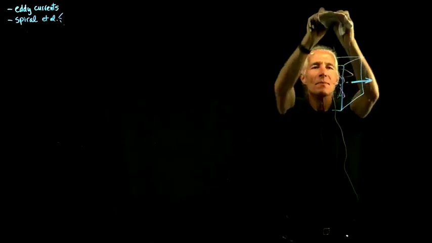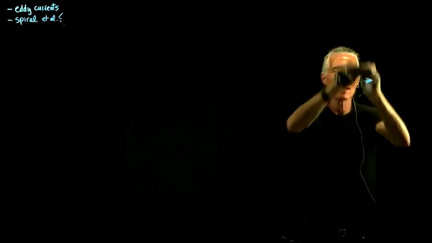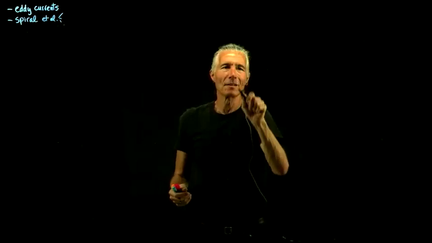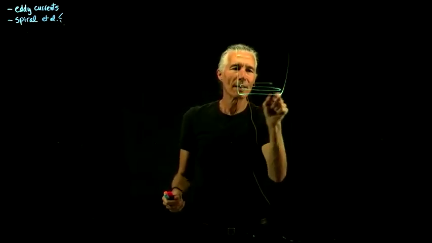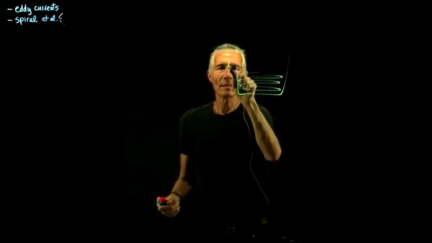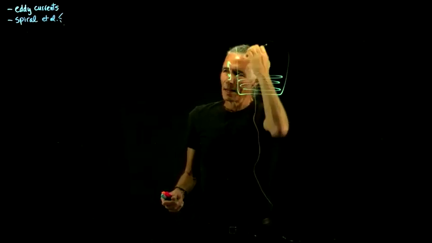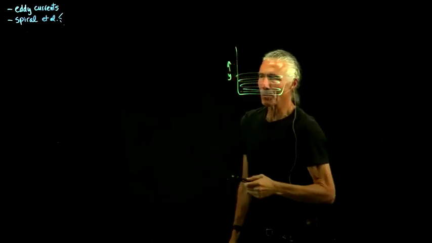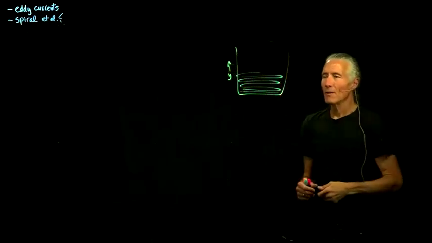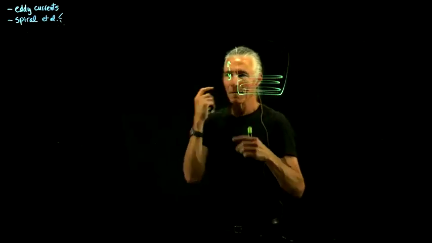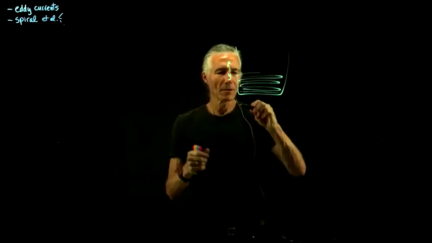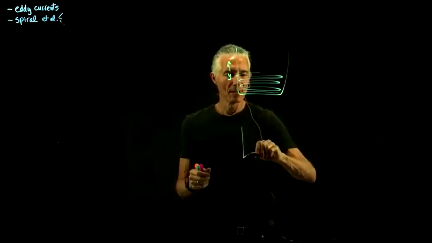With echoplanar imaging, just in a nutshell, it takes a long time to record the data going in the y direction in K-space, whereas you're recording the data very rapidly as you go back and forth. And so you get distortions that cause a shearing, like the brain will come out shaped like that.